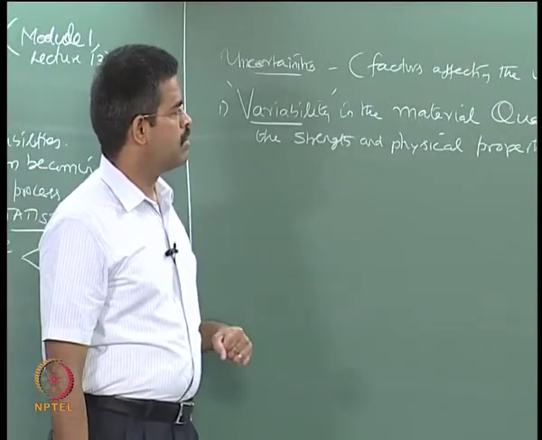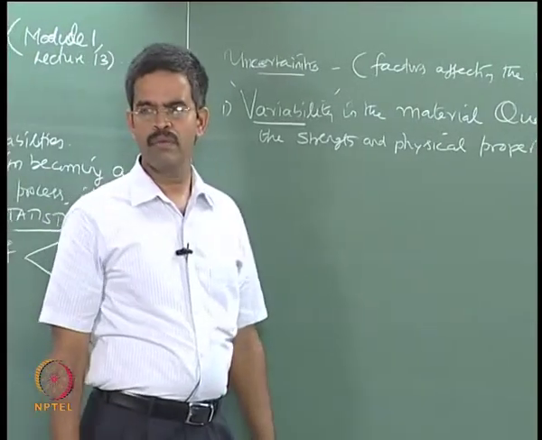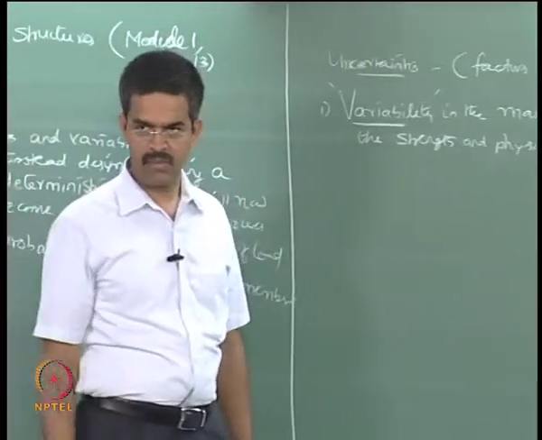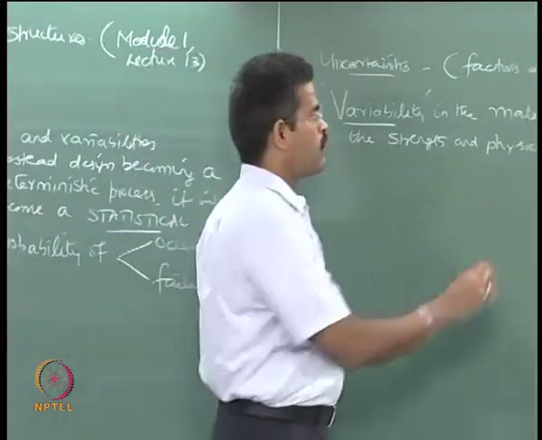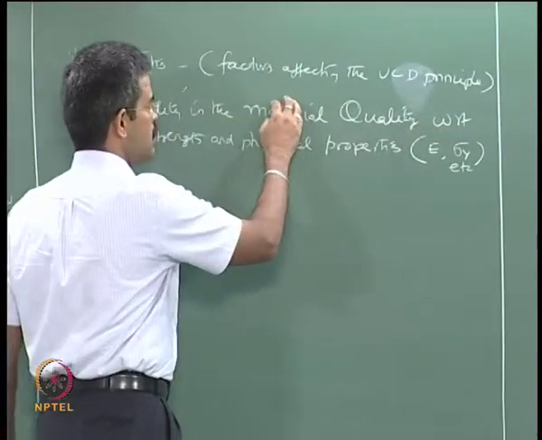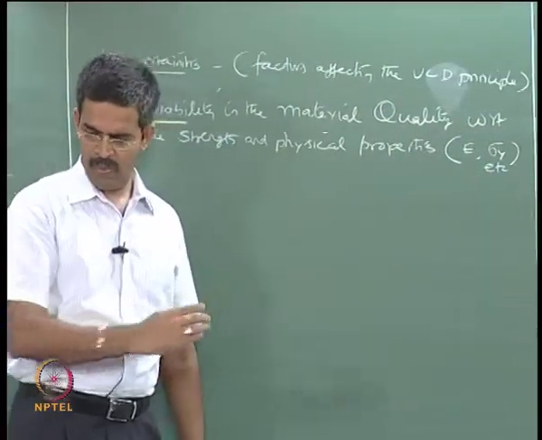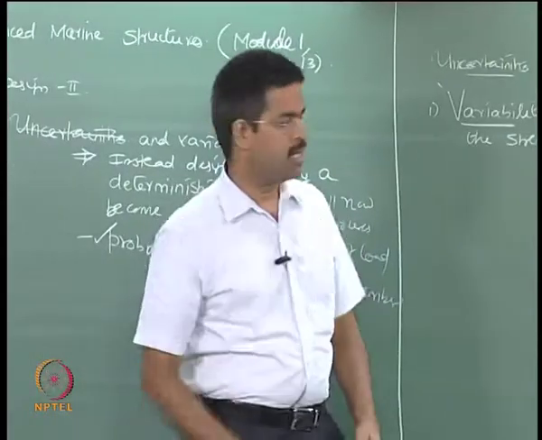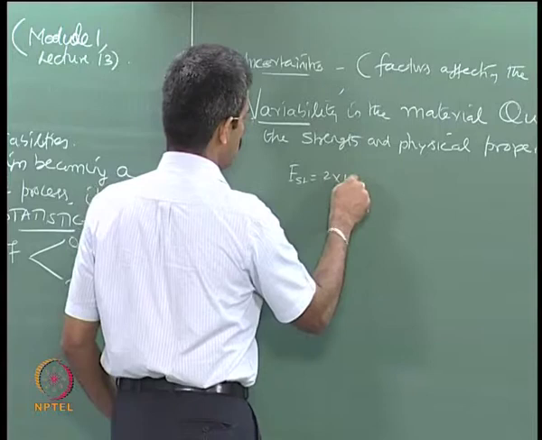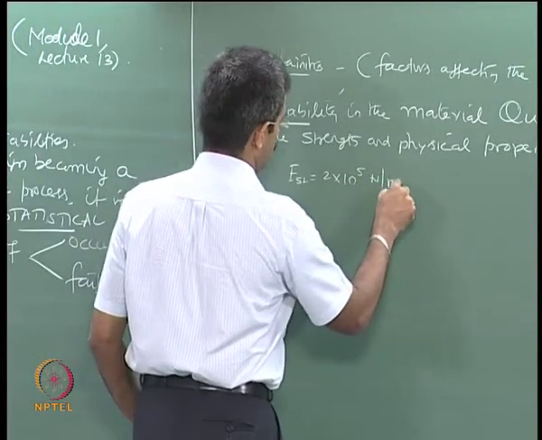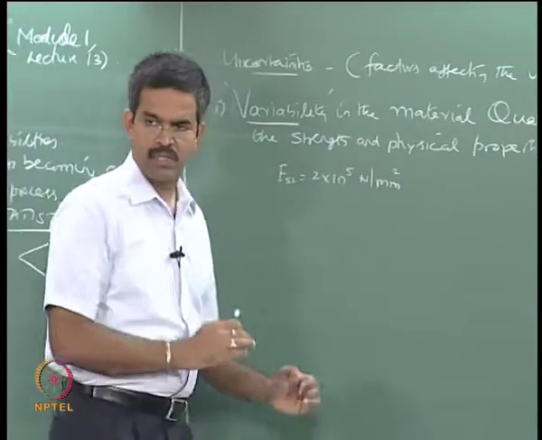It means however well you employ the best quality control of production, you will not get a deterministic value of Young's modulus of the material from the workshop; it will keep on varying. For example, Young's modulus of steel should be 2 × 10^5 Newton per mm square, that is what we must get.